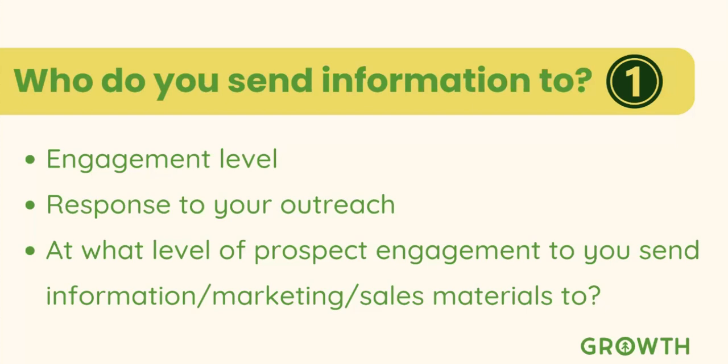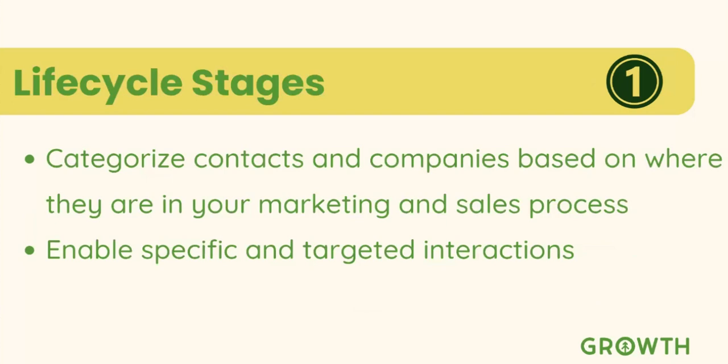So that's important when we walk into life cycle stages, because life cycle stages within HubSpot is how we categorize all of our contacts and companies and where they are in your marketing and sales process. And what's crucial is that when it's set up correctly, we can engage in a very intentional way with targeted interactions. And really one of the workhorses behind HubSpot is the automations, making sure we're reaching out to the people at the right time.